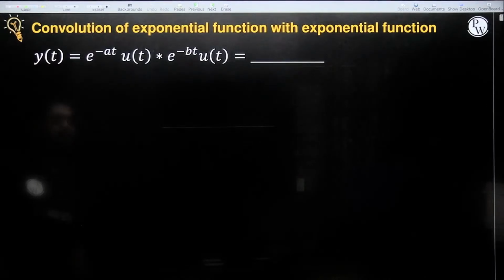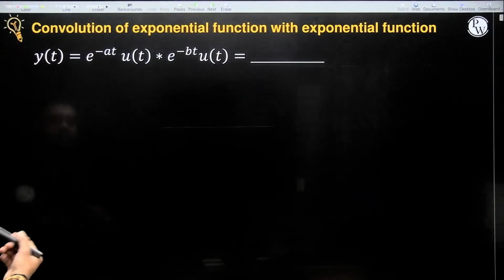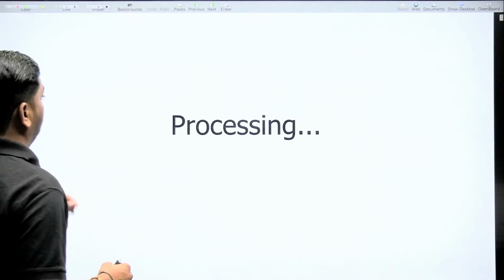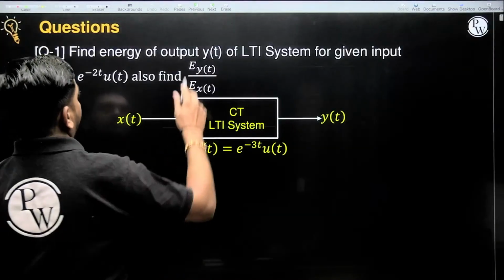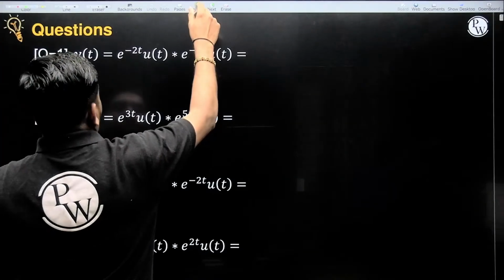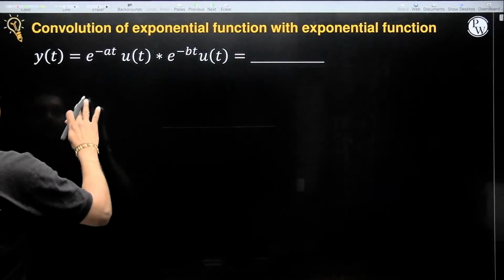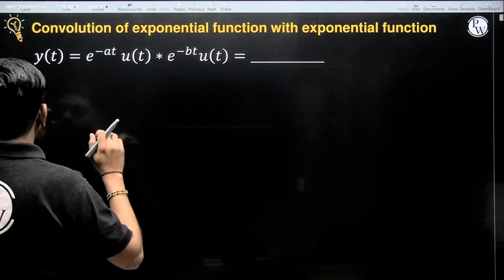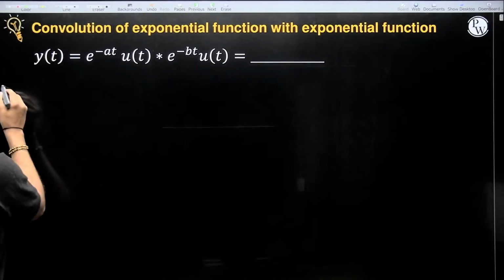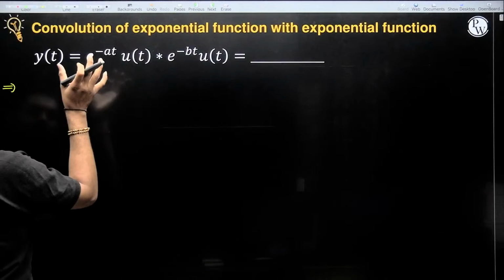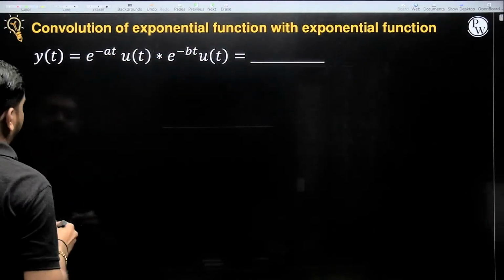Now next, convolution of an exponential function with another exponential function. See here, one signal is x of tau, one more is h of t minus tau.